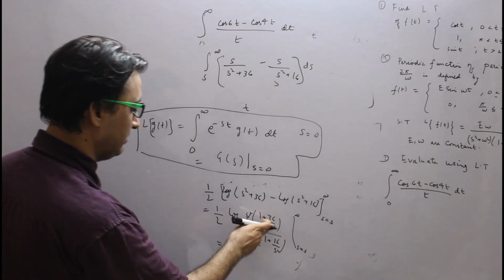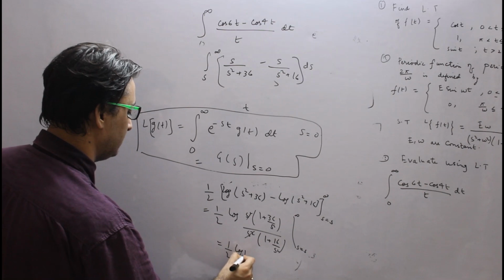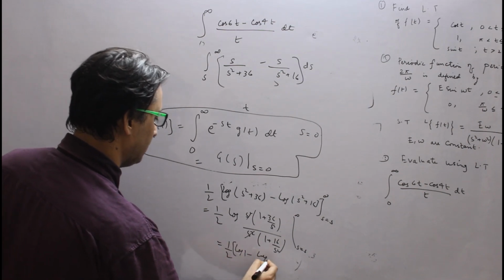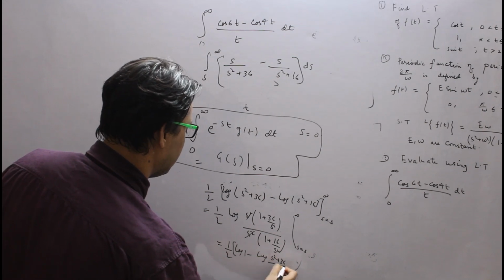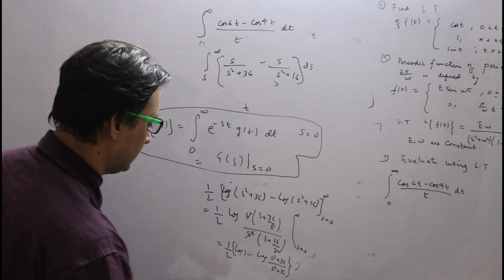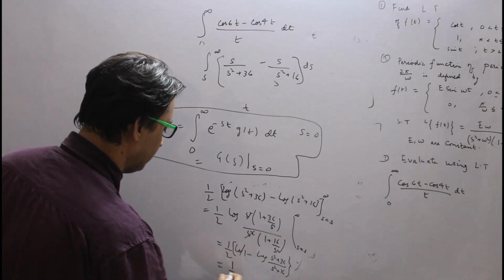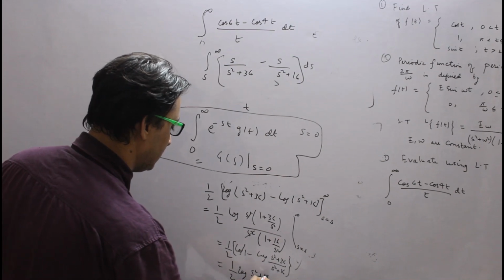If you put infinity over here, so this becomes 0, so 1. So log 1 is 0. So this becomes log of, again, s square plus 36 divided by s square plus 16. So this cancels. So what we get, half of the minus sign is there, so we will invert the numerator and denominator.